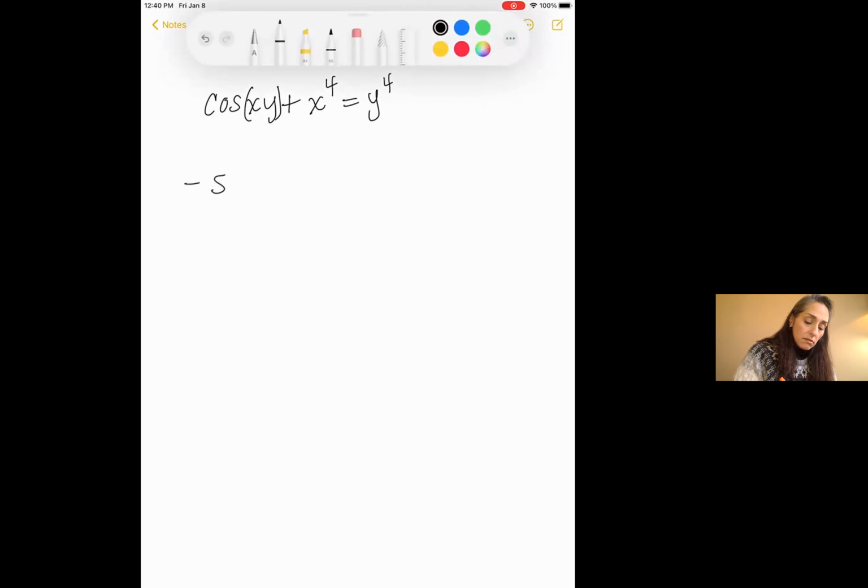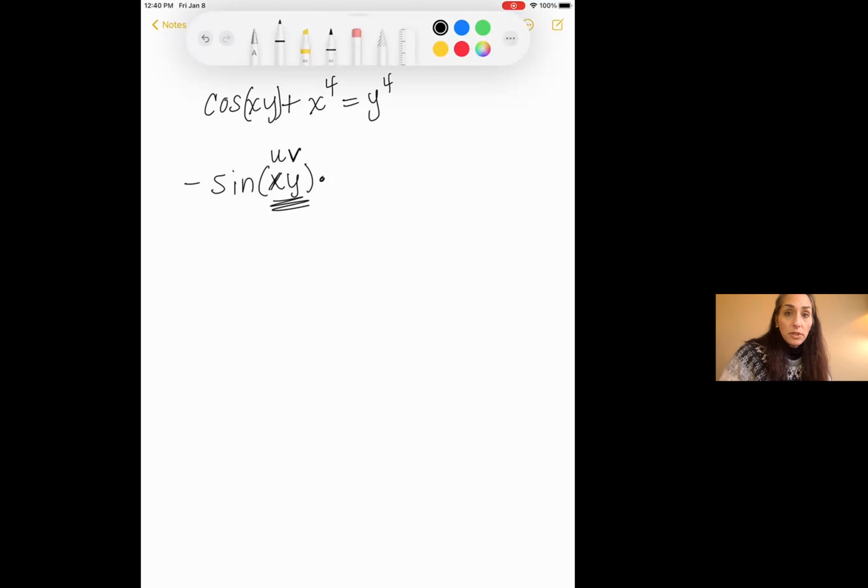I don't know why this is not writing too well for me here. Negative sine of xy, and then you're going to times that by the derivative of the inside. So this is like u and v, we have product rule here.